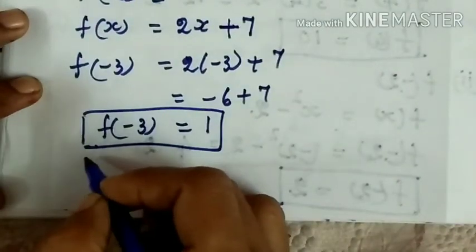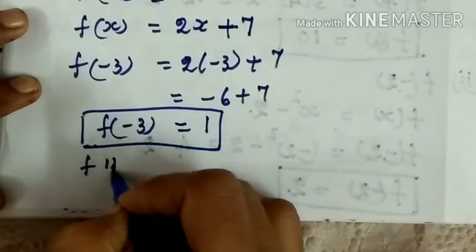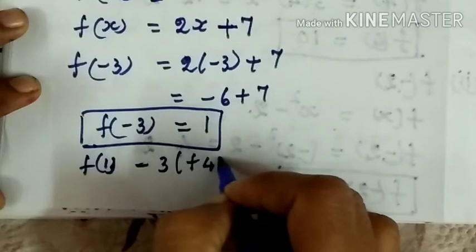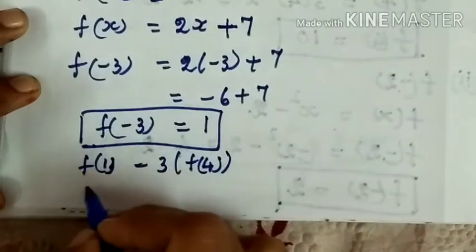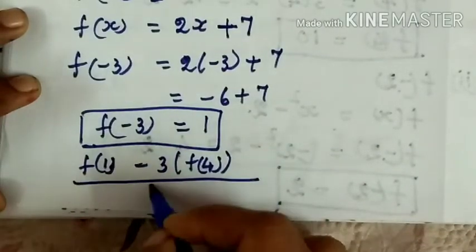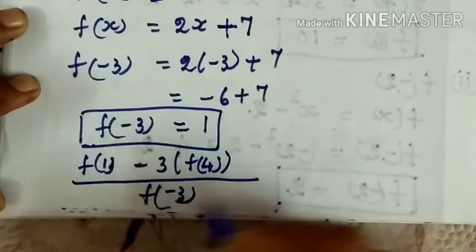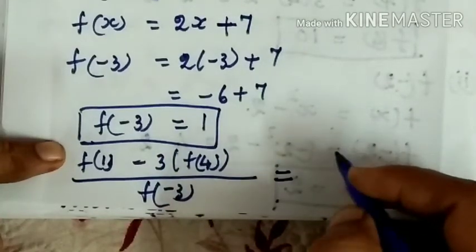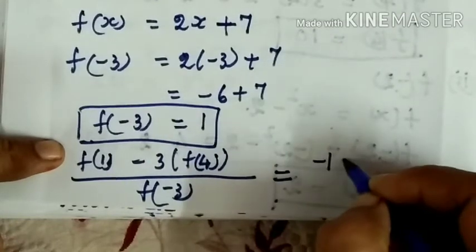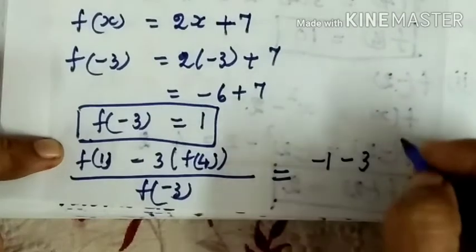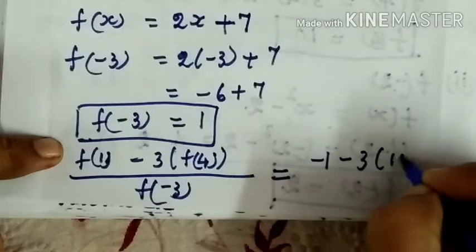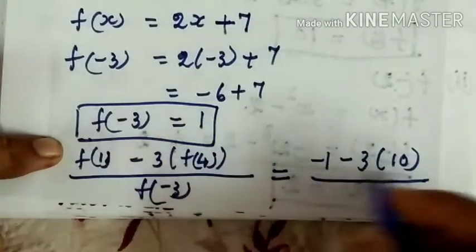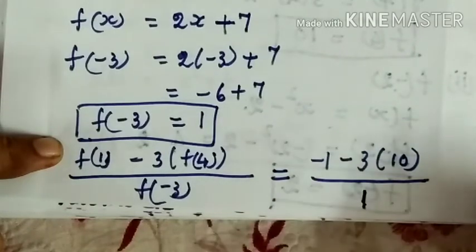Write down the given question, f of 1 minus 3 into f of 4 by f of minus 3. Then apply the values. F of 1 is minus 1, minus 3 into the value of f of 4 is 10, by the value of f of minus 3 is 1.